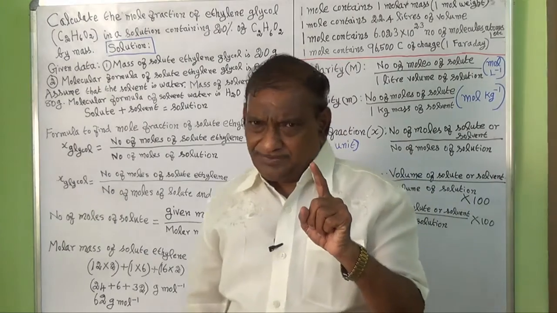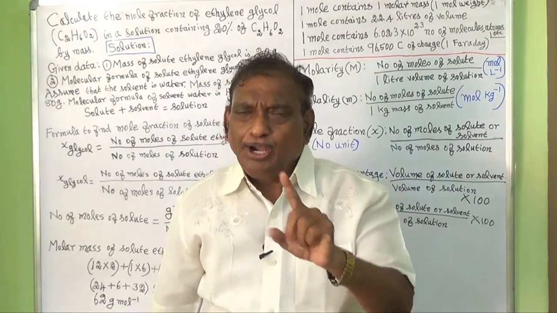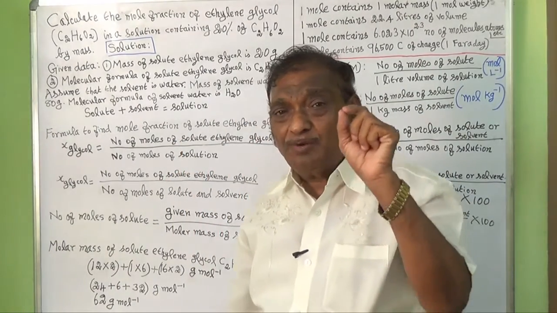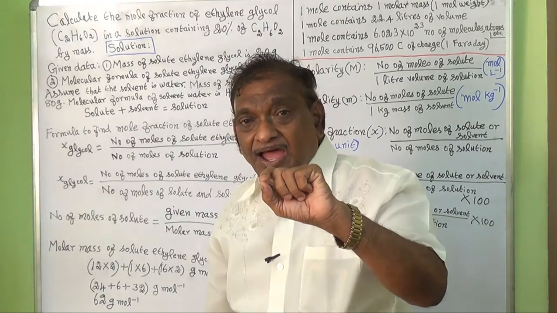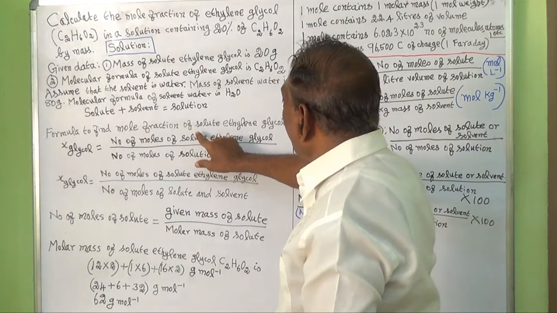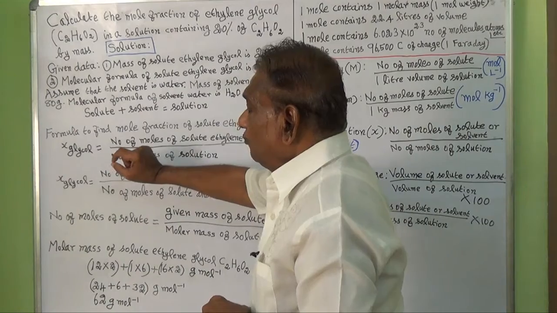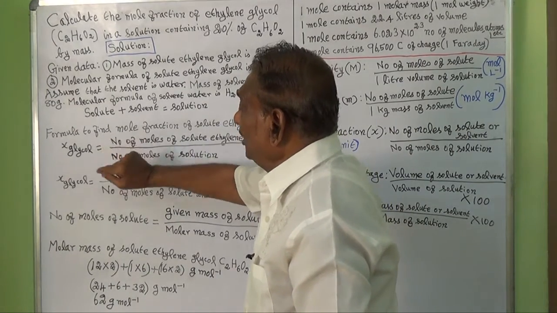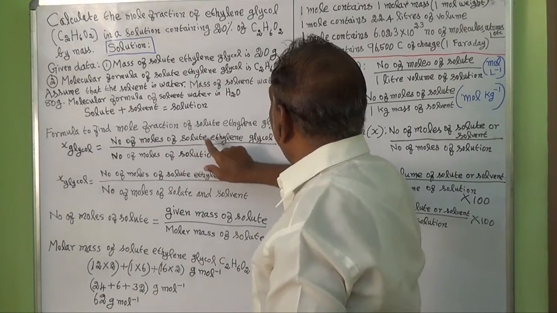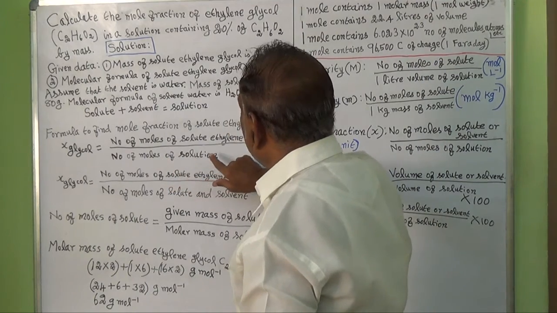First of all, we are going to write the formula to find the mole fraction. What is the formula to find the mole fraction? The mole fraction of solute ethylene glycol equals number of moles of solute ethylene glycol by number of moles of solution.